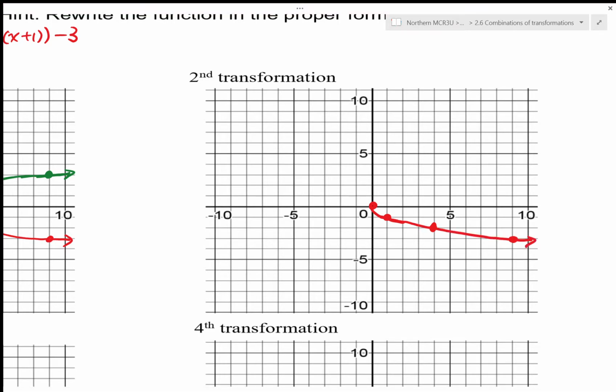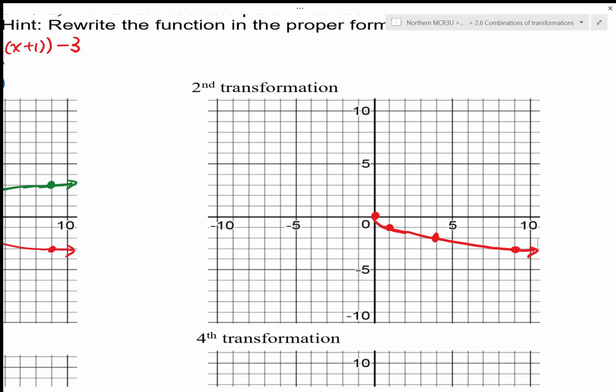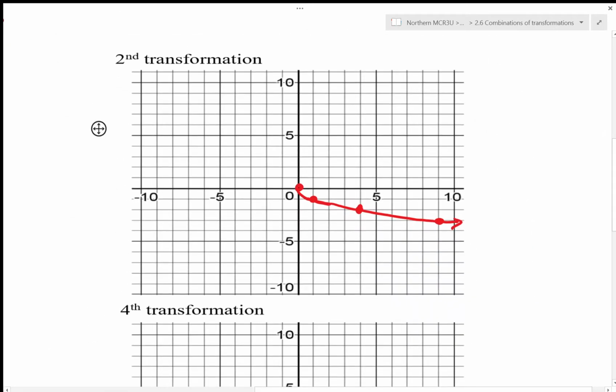Then the second transformation is with the blue, where every x value is halved. So 0 will still be 0. 1 will be half, so it's at 0.5, 1. Then 4 will be at 2. The y value is still at -2.